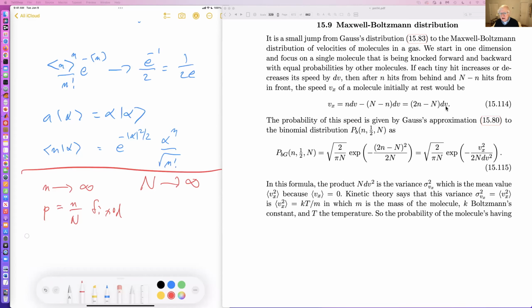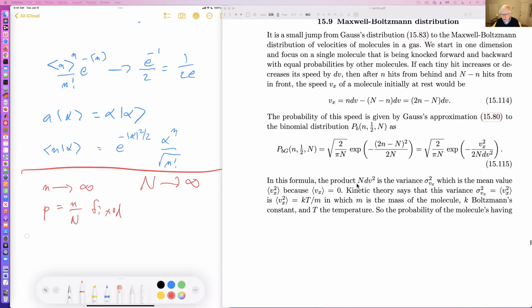And the probability of this speed is given by Gauss's approximation to the binomial distribution as this expression here. And so you get Vx squared over N dv squared. Here, N dv squared is the variance of Vx, and that's the mean value of Vx squared.